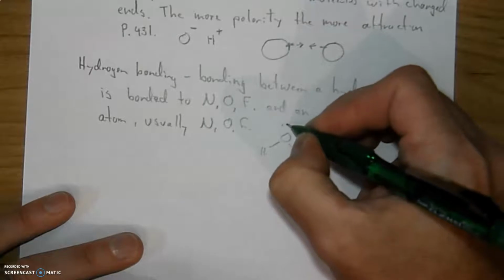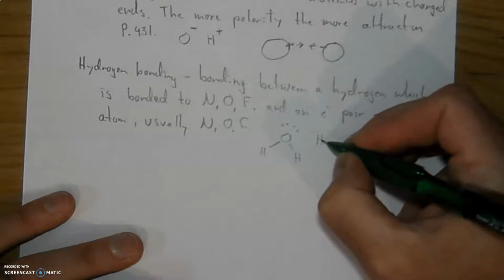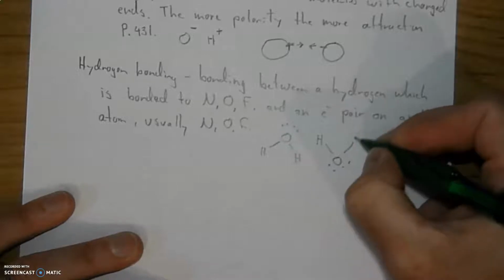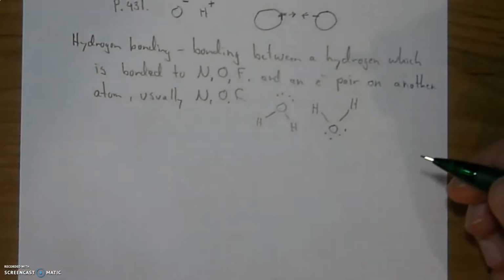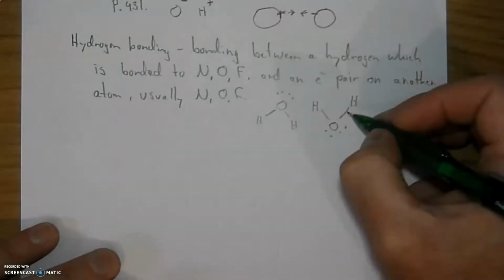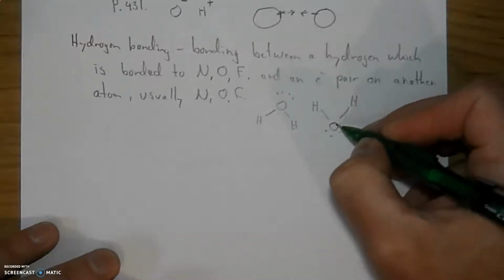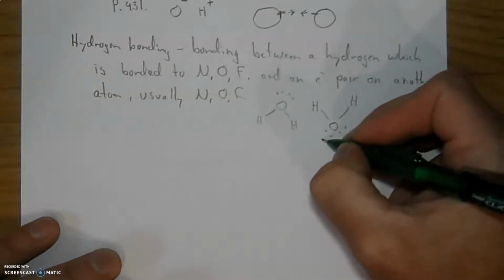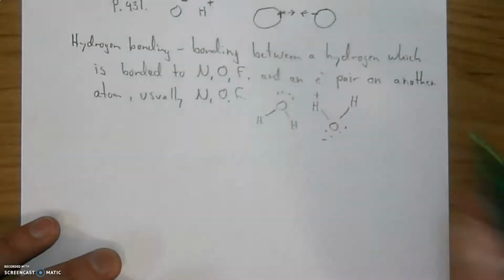And of course, we've got these electron pairs on the oxygen. And then I'll do another water, but I'll do it upside down here. So to distinguish between these different types of bonds, anyways, this is an intramolecular force. So it holds the hydrogen to the oxygen here. And as far as net charge, the oxygen is relatively negative and the hydrogen is relatively positive, just like we were talking about in dipole.